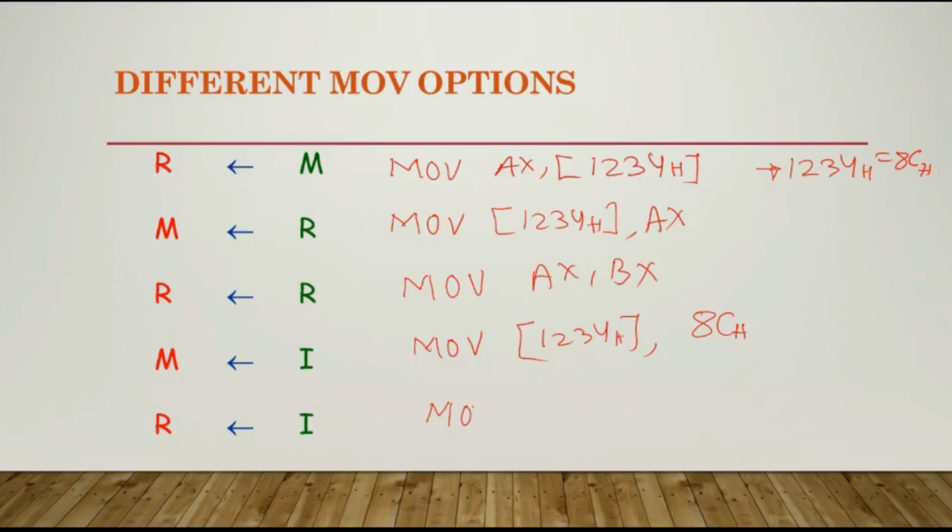Similarly, we can write move AX comma 8C88H. Here, AX is a 16-bit register, so the 16-bit data or 2 bytes of data is being moved onto AX register. Or you can write move AL comma 8C or move AH comma 8C. So, these are the possible move instructions.